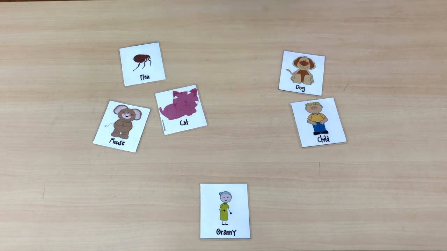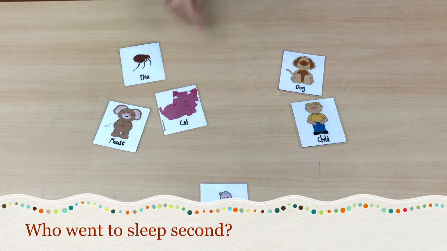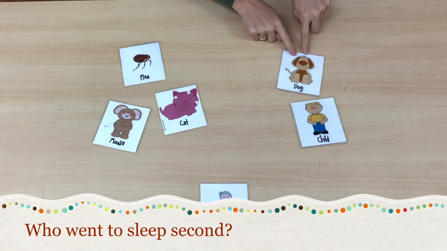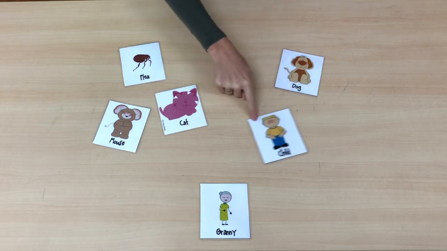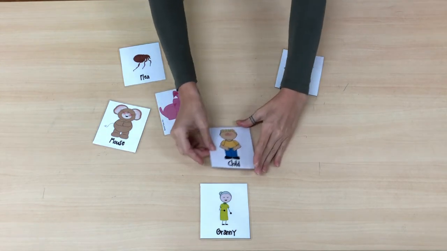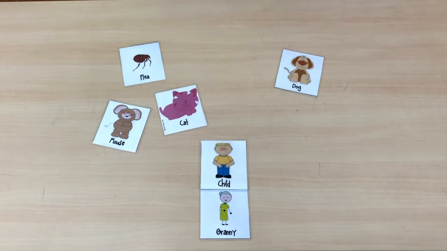She was the first one to go to sleep. Who slept on top of granny? Was it the dog? No, the dog didn't sleep on granny. It was the child. The child went to sleep on top of granny.